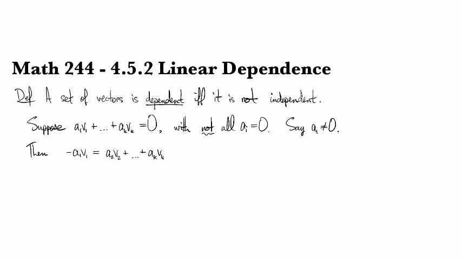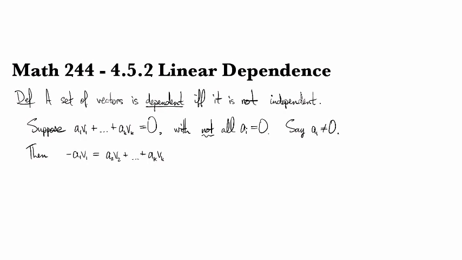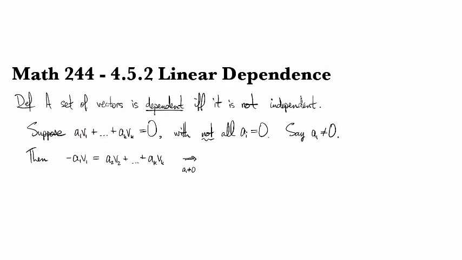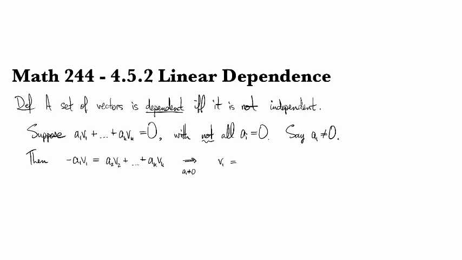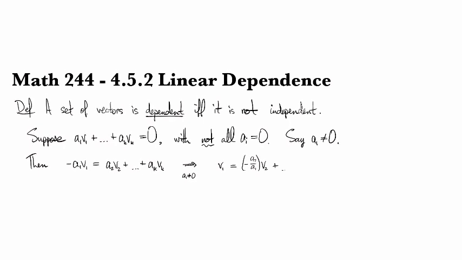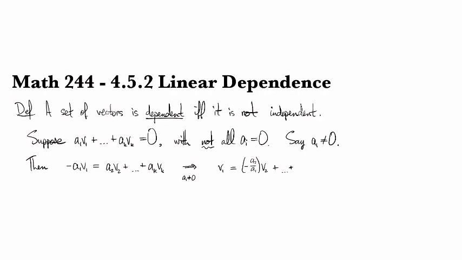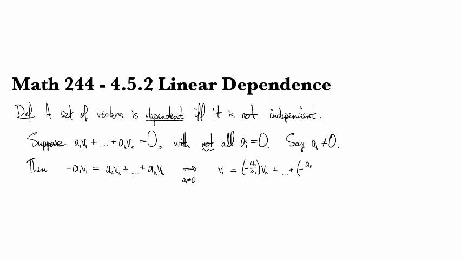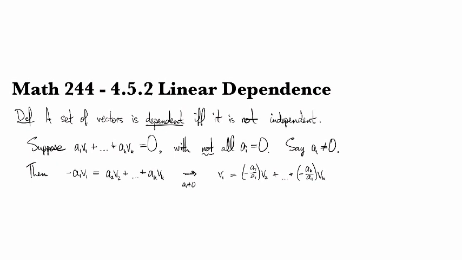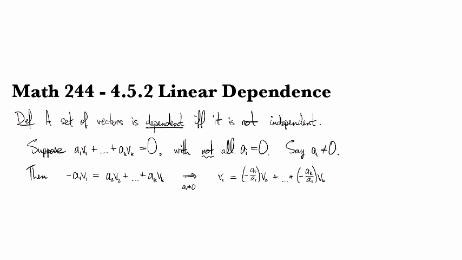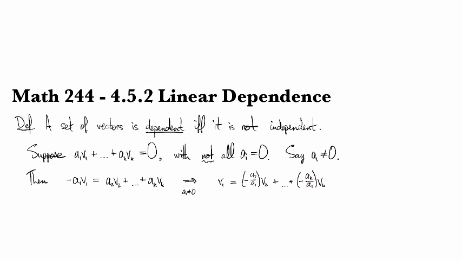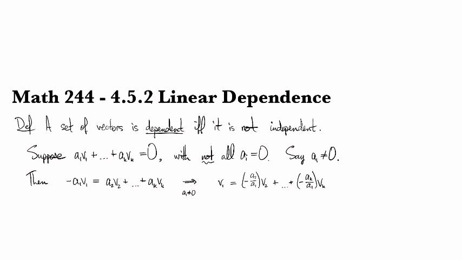And since a1 is not equal to 0, I can divide by it. So then I would have v1 is equal to minus a2 over a1 v2 plus, up through minus ak over a1 times vk. So what we have here is we have solved v1 in terms of the other vj's.